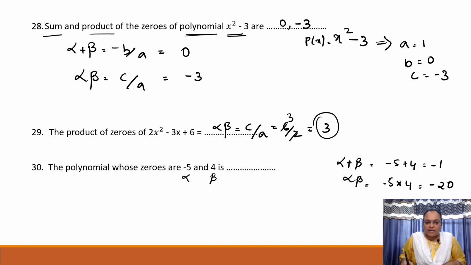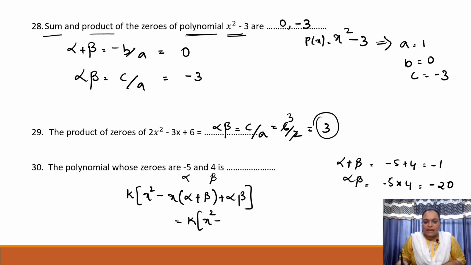So, let us take the quadratic polynomial formula, that is x square minus x of alpha plus beta plus alpha beta, right? That is k times x square minus x of, what is alpha plus beta? That is minus 1.